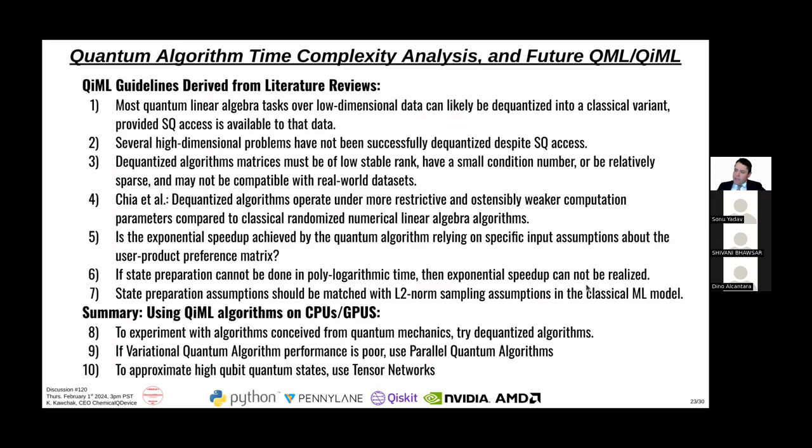But yeah, with all the literature I read, you have to stitch it together, right? With this specific paper and the Tang paper or dissertation and these types of things, it partly depends on your problem, how much data you're bringing in. And here's another one: state preparation assumptions should be matched with L2 norm sampling assumptions in the classical model.